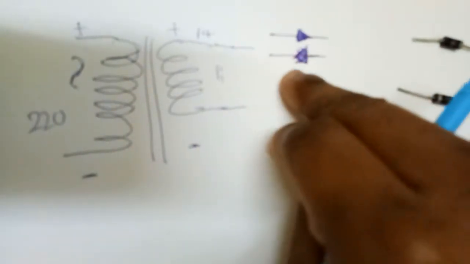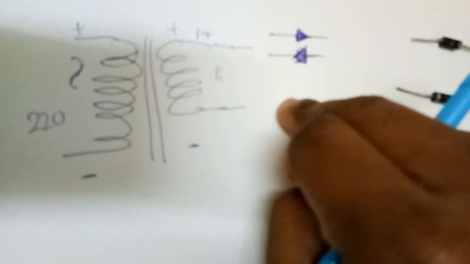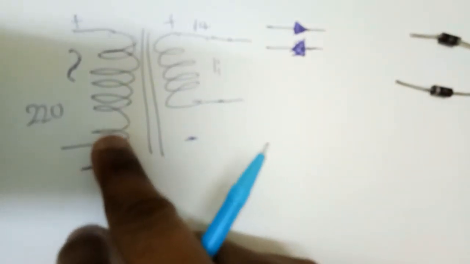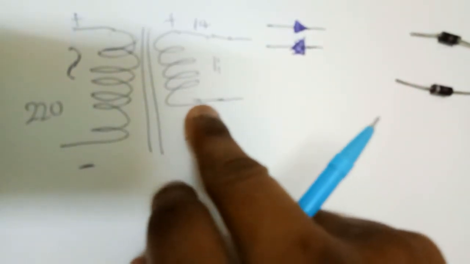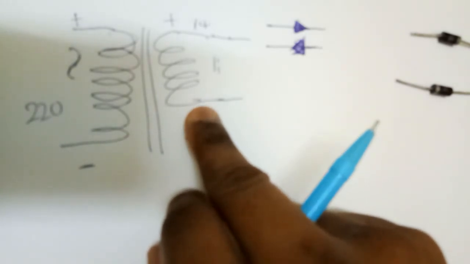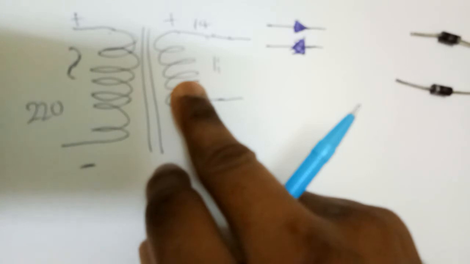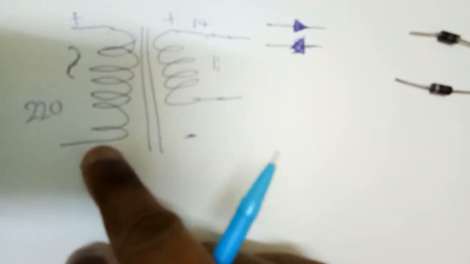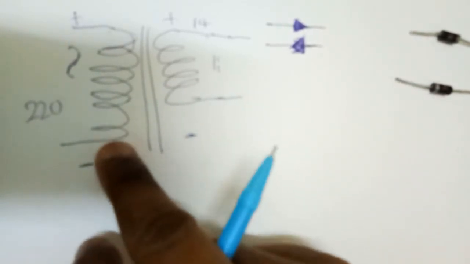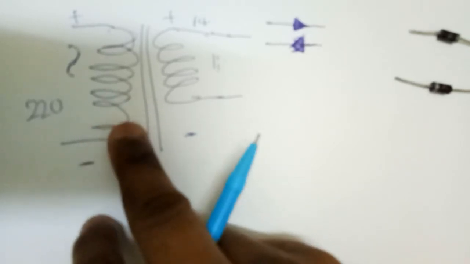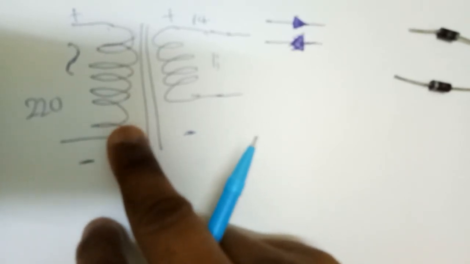So I'm trying to rectify this voltage. This 220 volts is converted to 14 volts with a lesser number of turns of coils. As you can see, this 220 volts contains a greater number of coils.